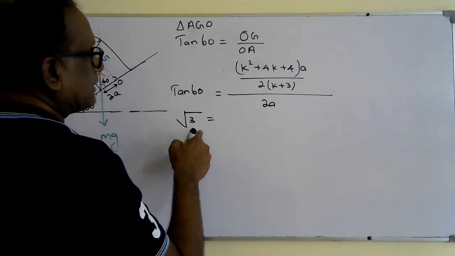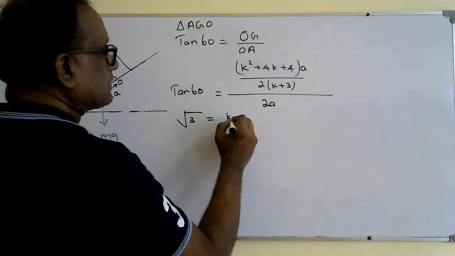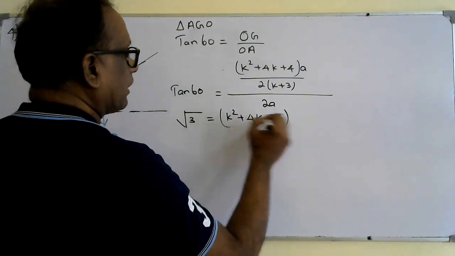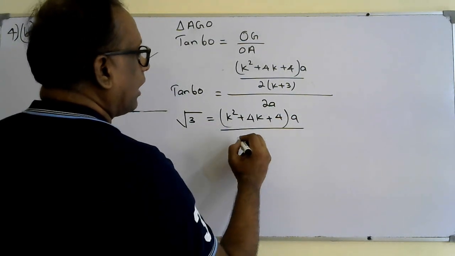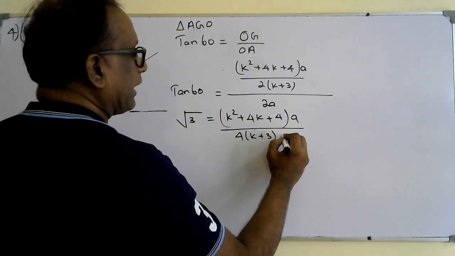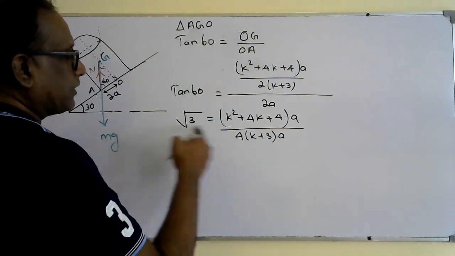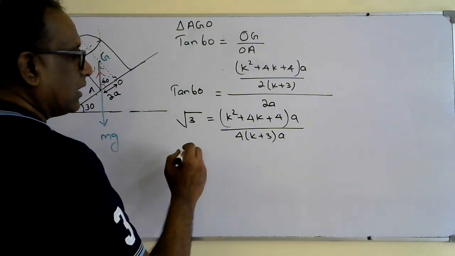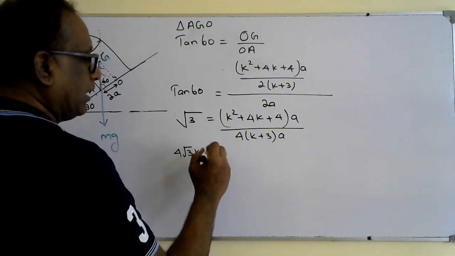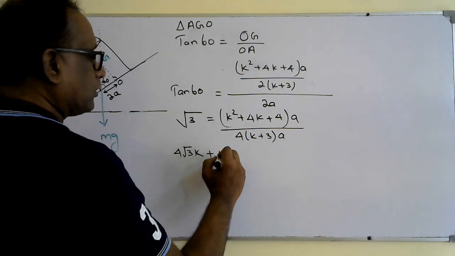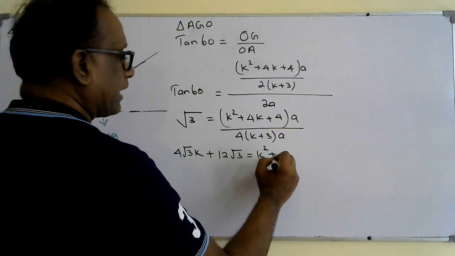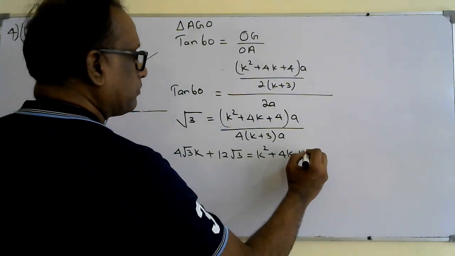So root 3 is equal to, this comes down, so that is k squared plus 4k plus 4 into A divided by 2 into 4k plus 3 into A. So A and A will get cancelled. Solve it, cross multiply. So 4k into root 3, so 4 root 3 k plus 4 into 3, 12 root 3 is equal to k squared plus 4k plus 4.